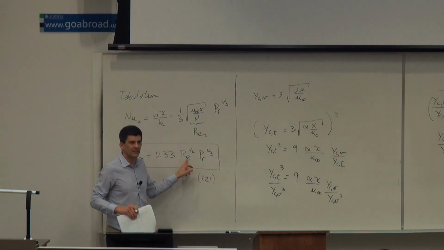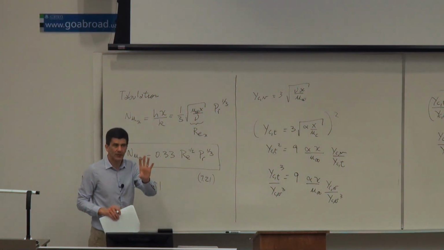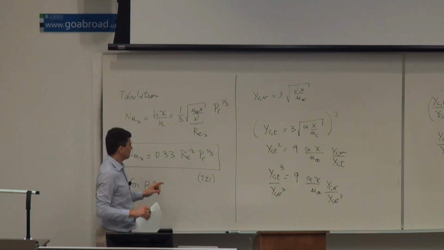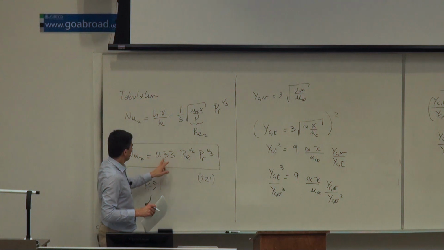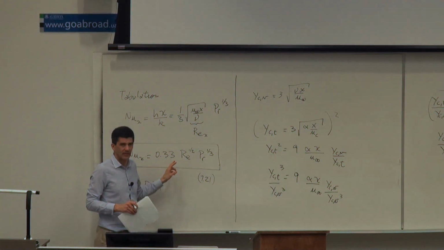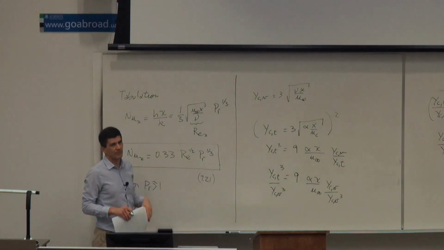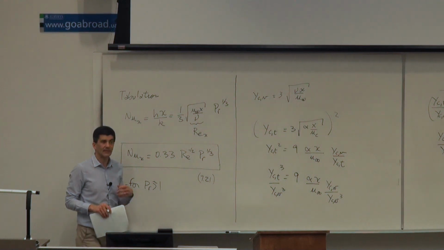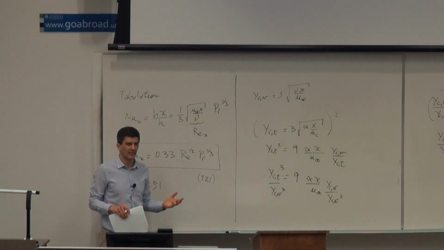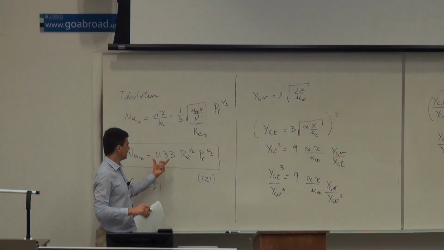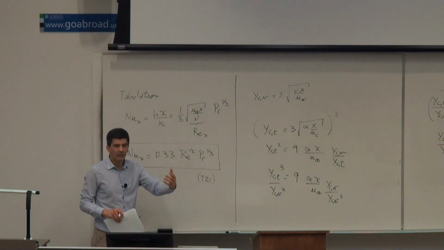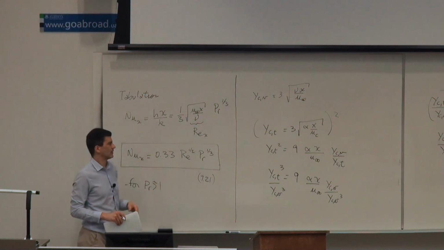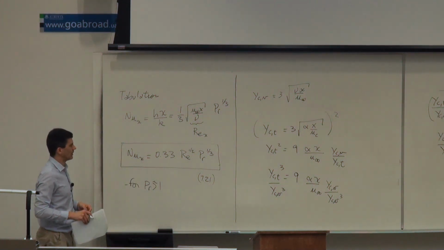Here we have the Reynolds number, right? And this is still for laminar case, right? And here we have a coefficient, and this coefficient, right, can come from sophisticated equations. Sometimes it would come from experiments. Right? In this case, this 0.33, you know where it comes from. It comes from playing with the thickness of the boundary layers, as we have been doing it.